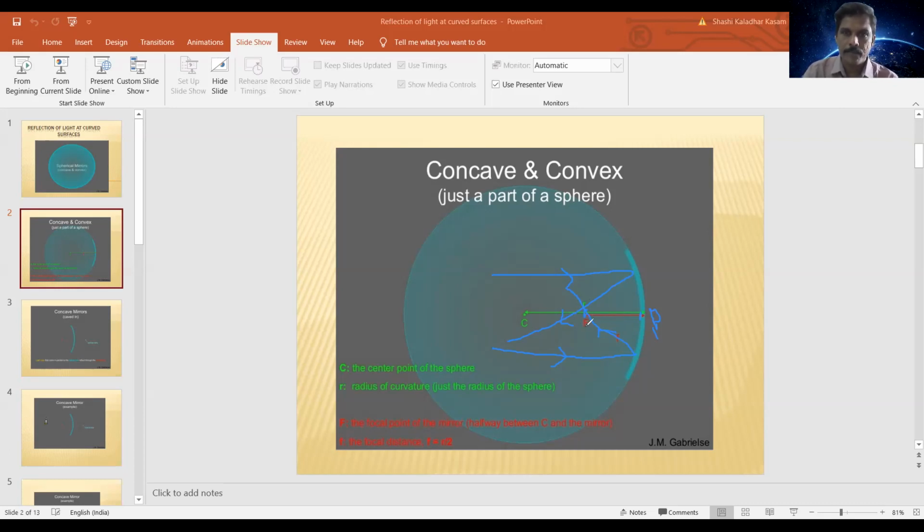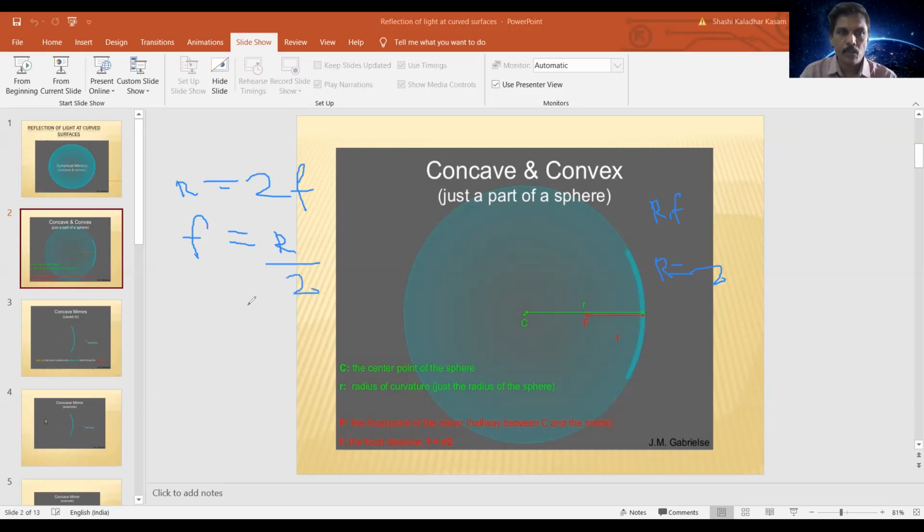The relation between radius of curvature R and focal length is: the radius of curvature is twice the focal length, R equals 2f, or the focal length is half of the radius of curvature.